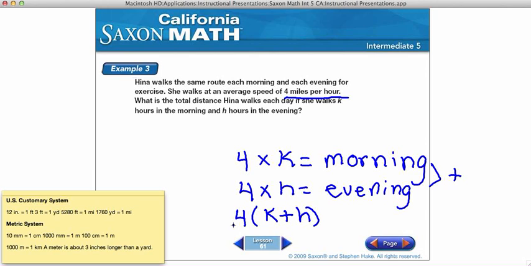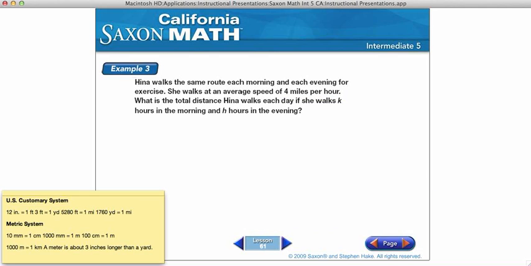Even though we don't really have a number, this is actually our answer. 4 miles an hour times the morning plus the evening. There we go, that's what I'm trying to say. All right, we'll talk more about example 3 tomorrow.